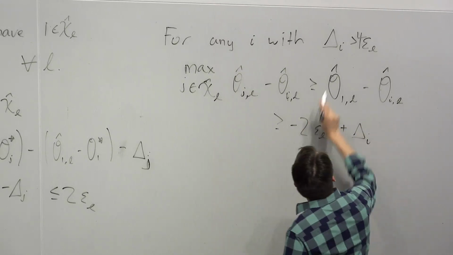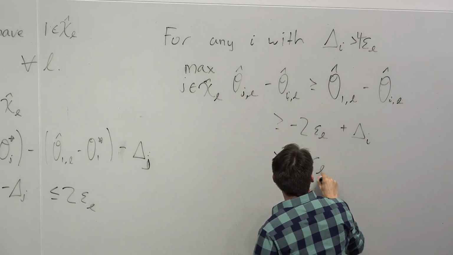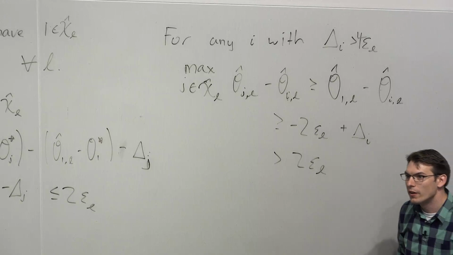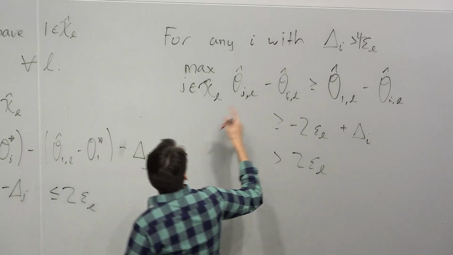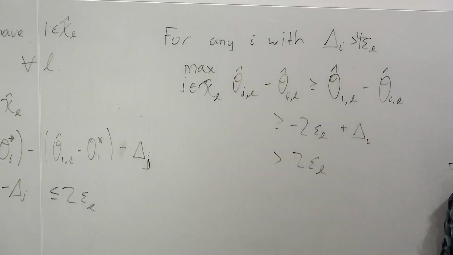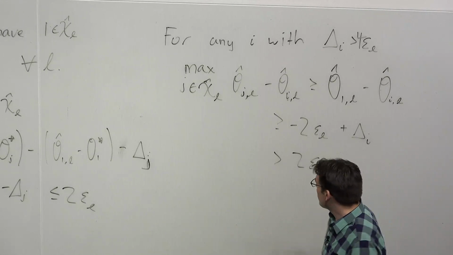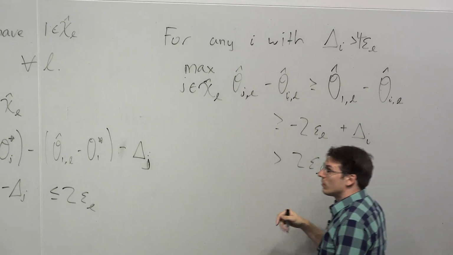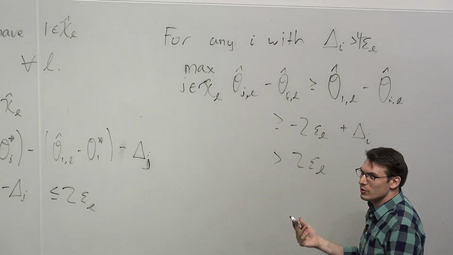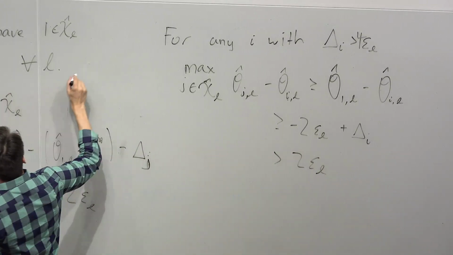But the gap is at least 4 epsilon L. And so this whole thing is at least 2 epsilon L, meaning that any i in X hat L with a gap that's at least 4 epsilon L is thrown out on the next round, meaning the maximum gap in X hat L plus 1 is less than or equal to 4 epsilon L. And 4 epsilon L is equal to 8 epsilon L plus 1. Therefore, we have the claim.